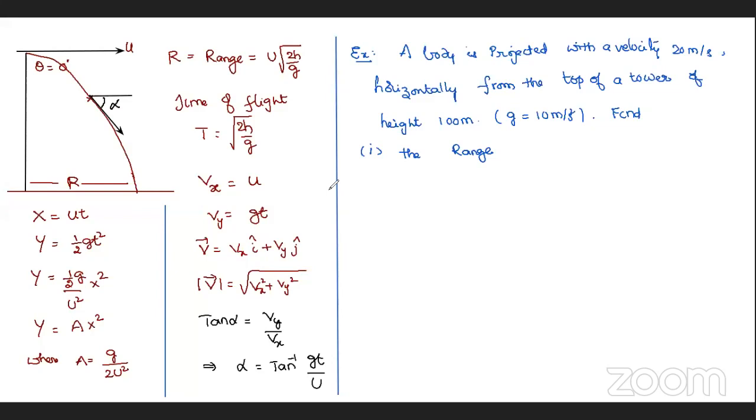Okay. 40 root 5. But I will check it. Range. First I go to the range. R is equal to, I have the formula u root 2H by g. Given information here, u is equal to 20, H is equal to 100, and g is equal to 10.